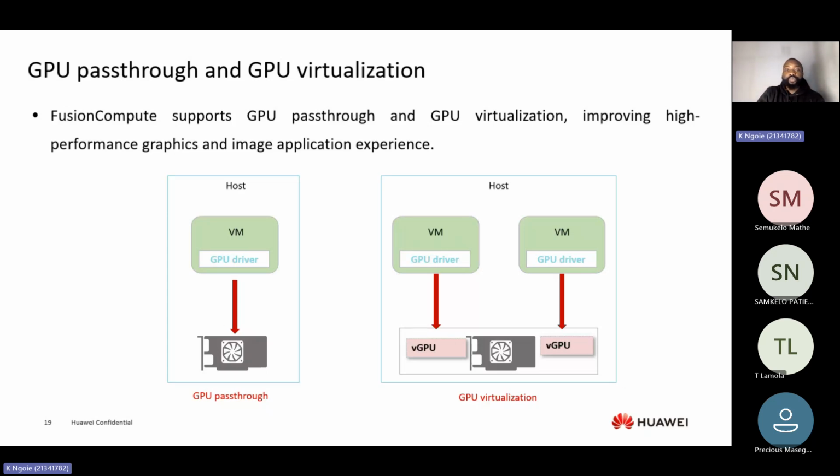Some key benefits are that we get high graphics performance at a very low cost. We don't really need to buy more physical GPUs. We can take one GPU and create virtual GPUs for this purpose.